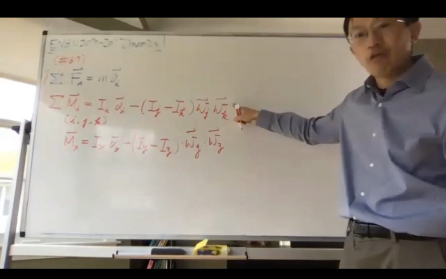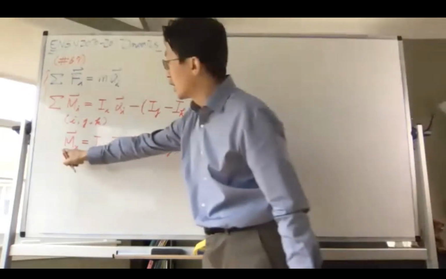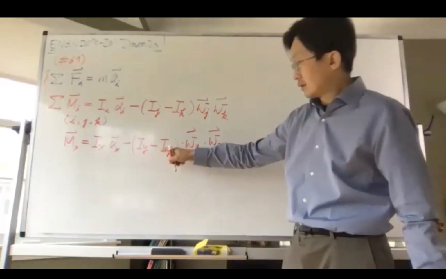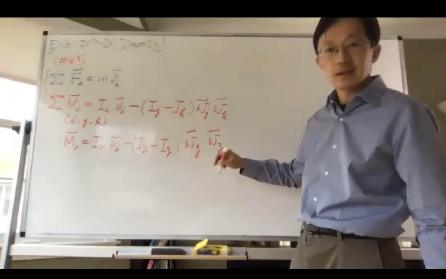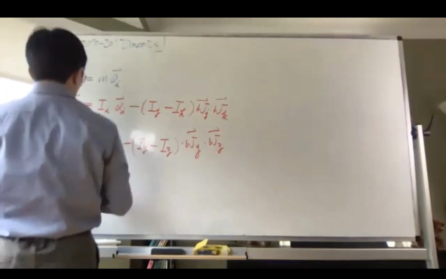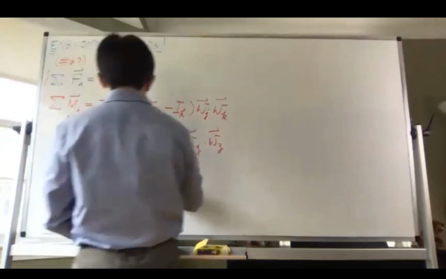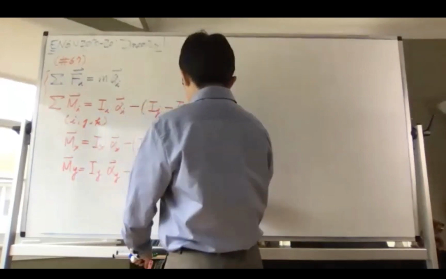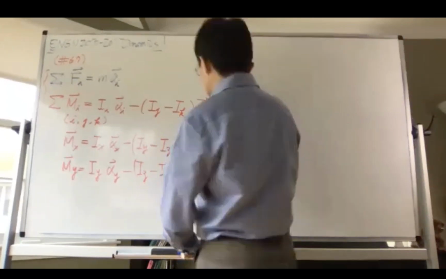So this is the general form. When you apply it to the x-axis, it becomes Mx equals Ix times alpha x minus (Iy minus Iz) times omega y times omega z. The other two are like this: My equals Iy times alpha y minus (Iz minus Ix) times omega z times omega x.